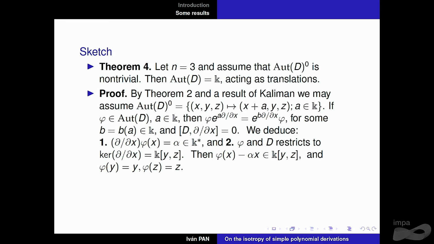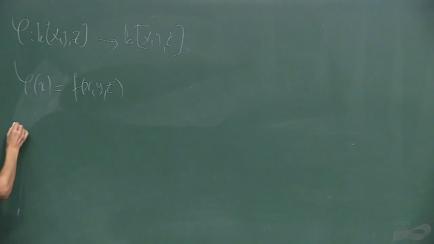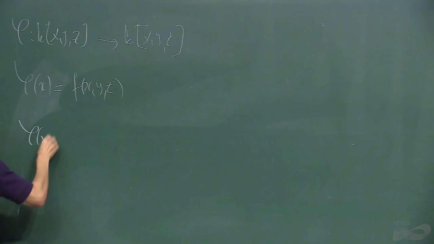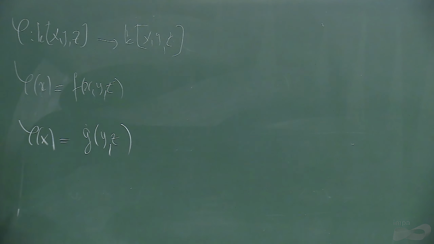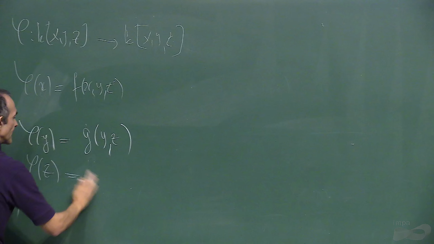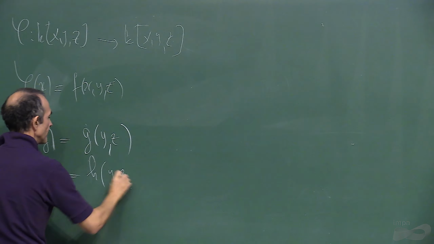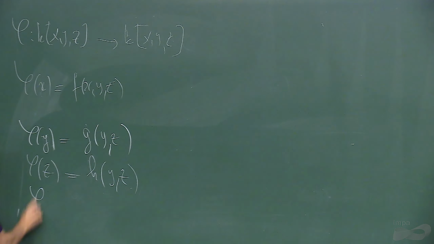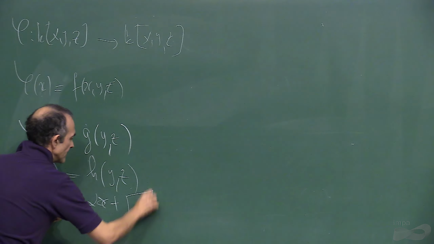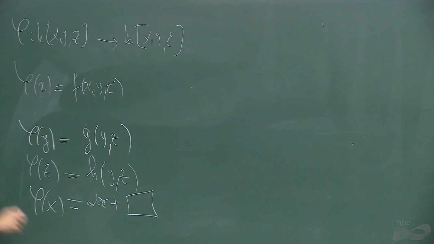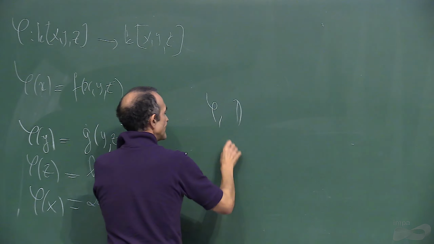The conclusion, a posteriori, because one deduced the same calculation, shows that phi x is a polynomial in two variables, y and z, and phi x is something in y, z, and then phi and D restrict to that.